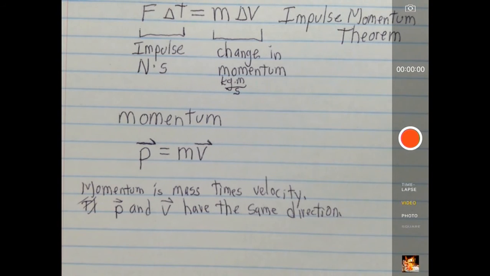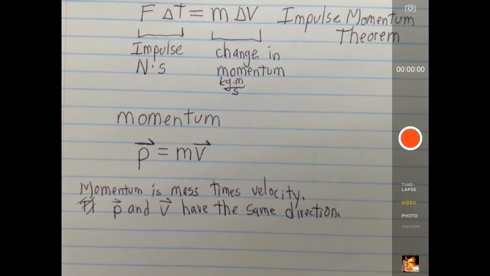If the velocity is heading up, the momentum is heading up. If the velocity is heading south, the momentum is heading south. Great. This is a new concept. It's different from any of the other stuff you've had before.